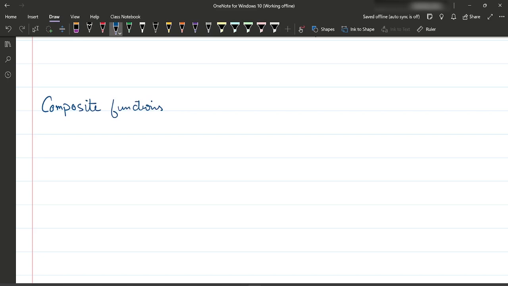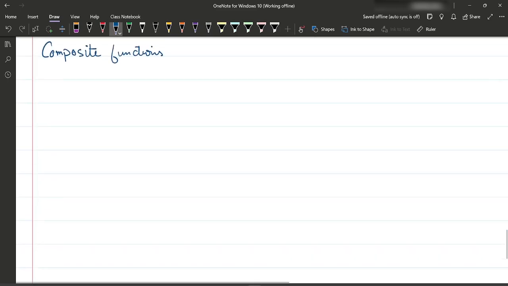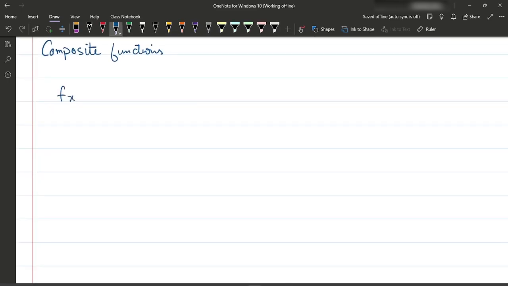Okay, so a lot of the times we need to combine functions. So let's see. f of x is equal to, let's say, x squared, and g of x is equal to x plus 1. Well, how do we combine this? We can't just say f of x plus g of x, because that will only give us x squared plus x plus 1.